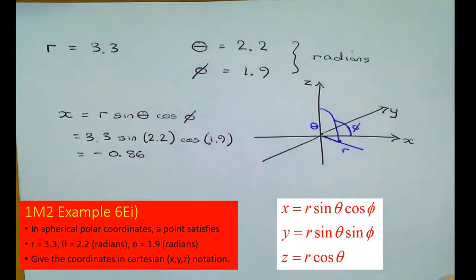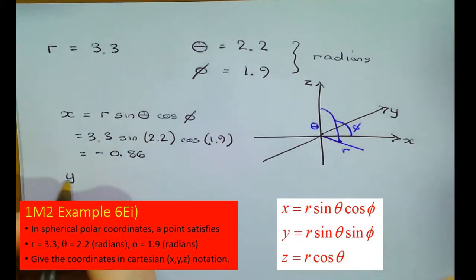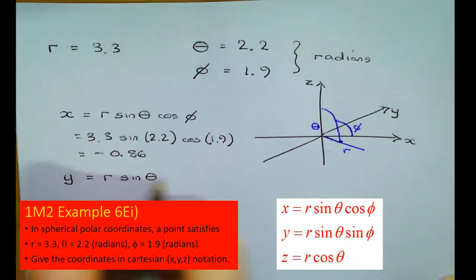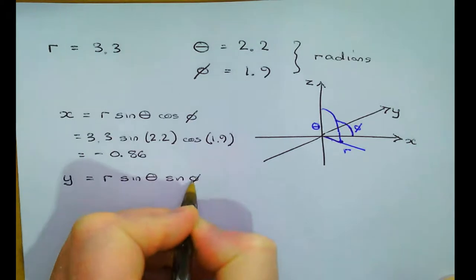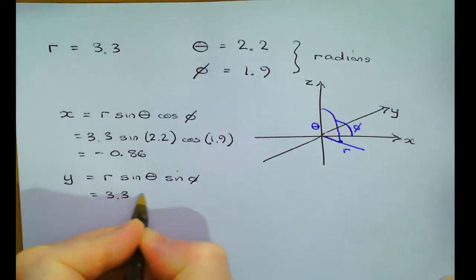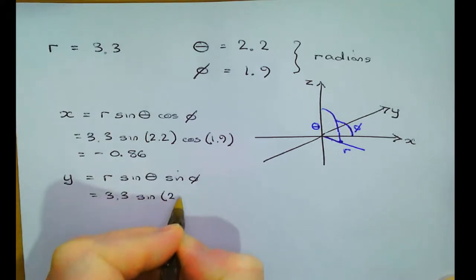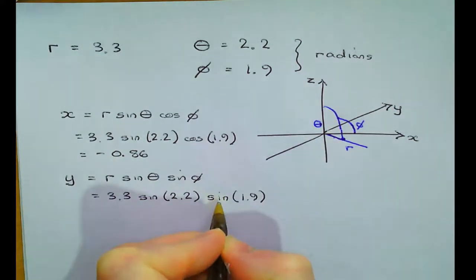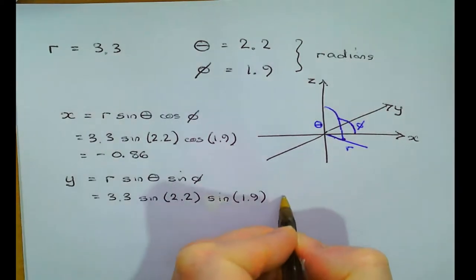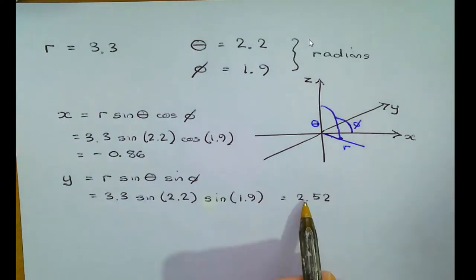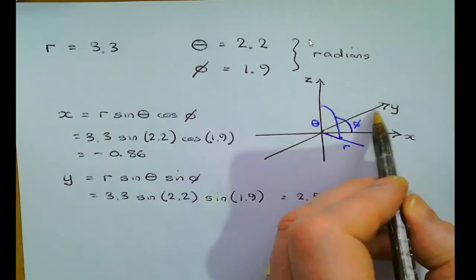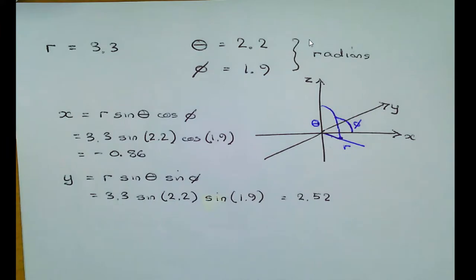X goes into the negatives. Y is equal to r sine theta sine phi. So 3.3 sine of 2.2 sine of 1.9. And again, working this out, 2.52. Y is positive. We're going back in this direction.